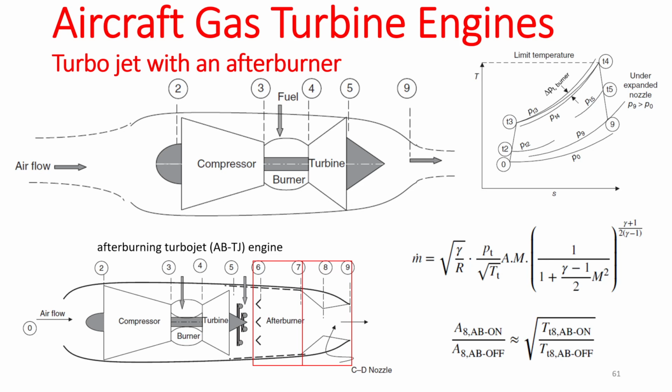You can actually prove that all of the other parameters should remain fairly close to each other or even constant. So your area ratio with the afterburner on and with it off is going to be related to the square root of the total temperature at that station, with the afterburner on or off.